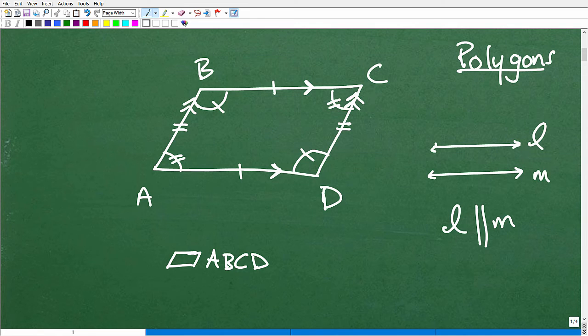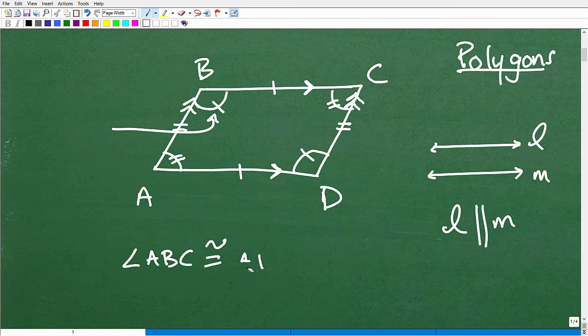How would I describe this angle? I would say angle ABC is congruent to angle ADC. Whoops, I have to put a little angle symbol in here. Angle ADC.